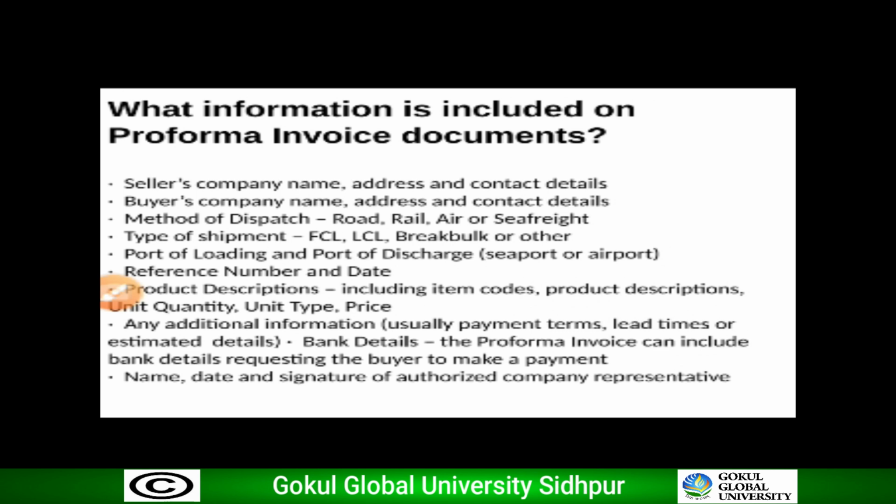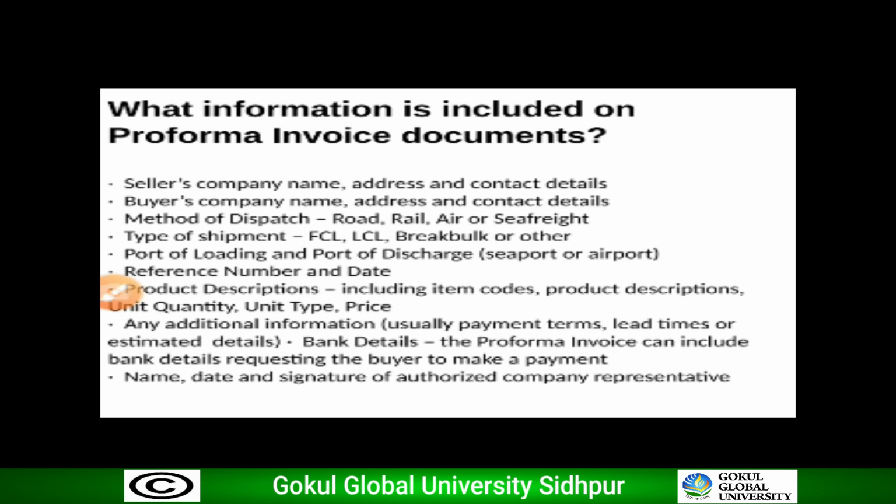Reference number and date. Product description including item, code, product description, unit quantity, unit type, price. Any additional information, usually payment terms, lead time or estimated details. Bank details. The proforma invoice can include bank details requesting the buyer to make a payment.